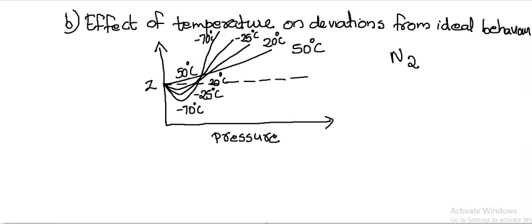For example, we are considering 50 degrees Celsius, 20 degrees Celsius, minus 25 degrees Celsius, minus 70 degrees Celsius of nitrogen gas.